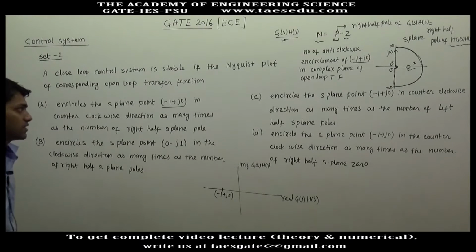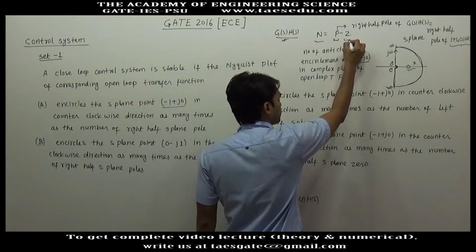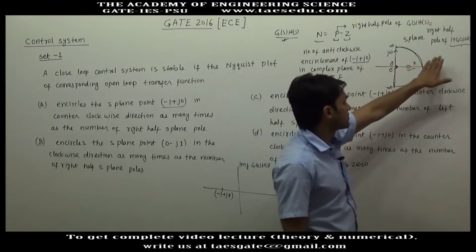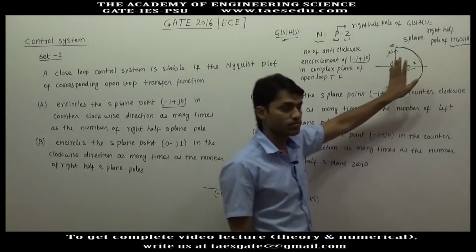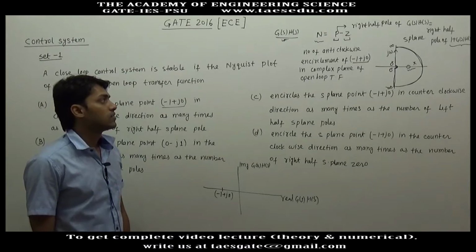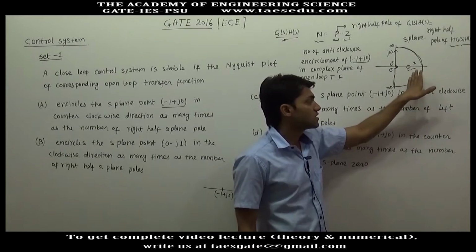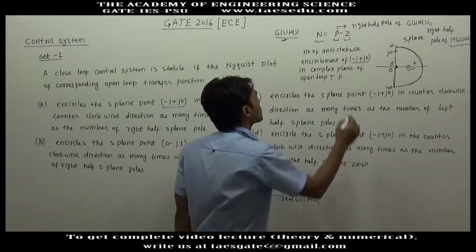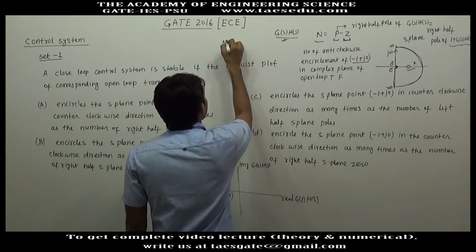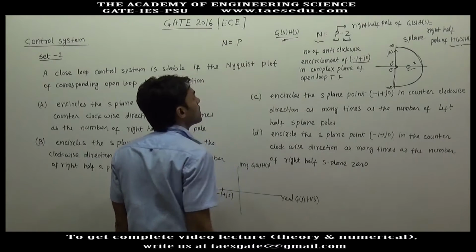So for stability, what should be the value of Z? The number of right half zeros of 1 plus G(s)H(s) must be 0. There must not be even a single zero of 1 plus G(s)H(s) which lies in the right half of the s plane. So we will have to put Z equal to 0. So this way we will get that the number of anti-clockwise encirclements must be equal to the number of right half poles.